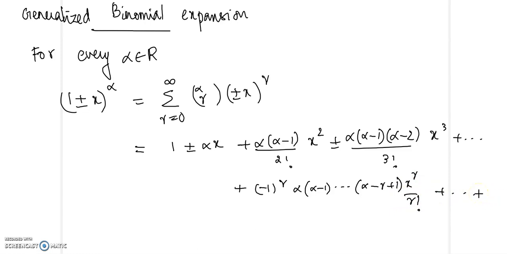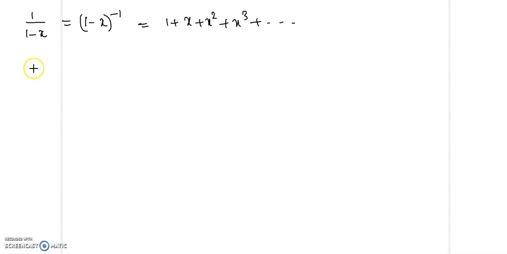So using this we can obtain the expansion for series like, if you have 1 by 1 minus x, that will be 1 minus x whole raised to minus 1. As you know, the expansion is 1 plus x plus x square plus x cube plus etc. So that's a geometric series.